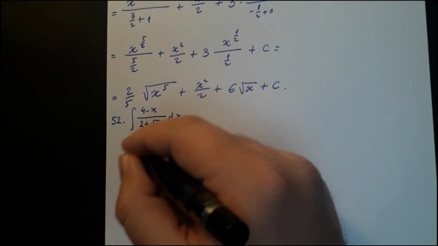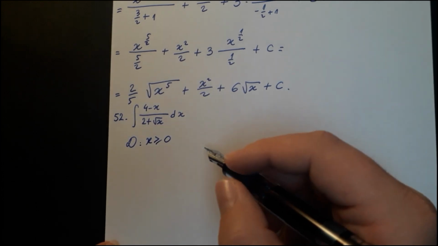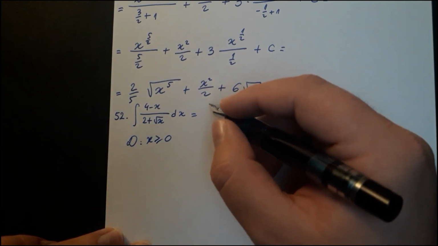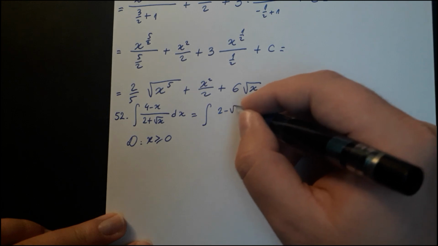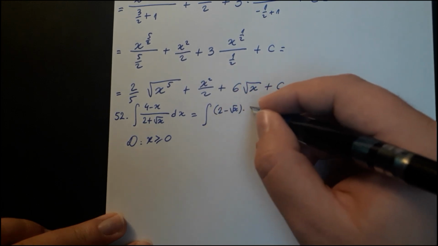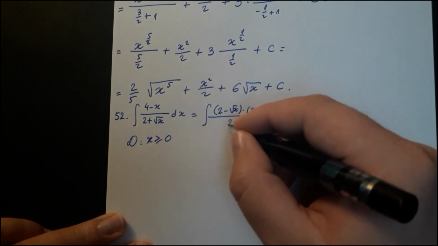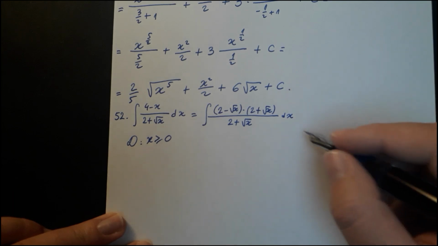Now, the area in which this integral is defined is for all x's which are larger or equal to 0, and this integral can be written as an integral of 2 minus a square root of x times 2 plus a square root of x divided by 2 plus a square root of x dx.